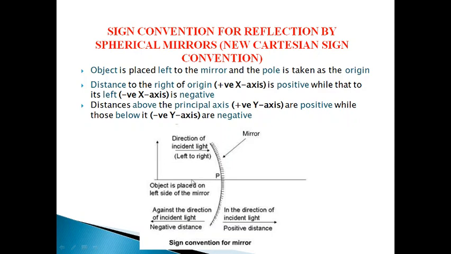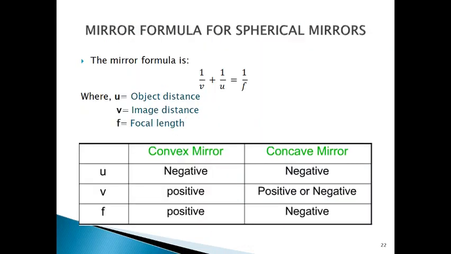So pole के left में है, then the distances will be negative, and if the distances are in the right side of the mirror, then they will be considered as positive. Okay, these are the sign convention. Okay, let's move further now.